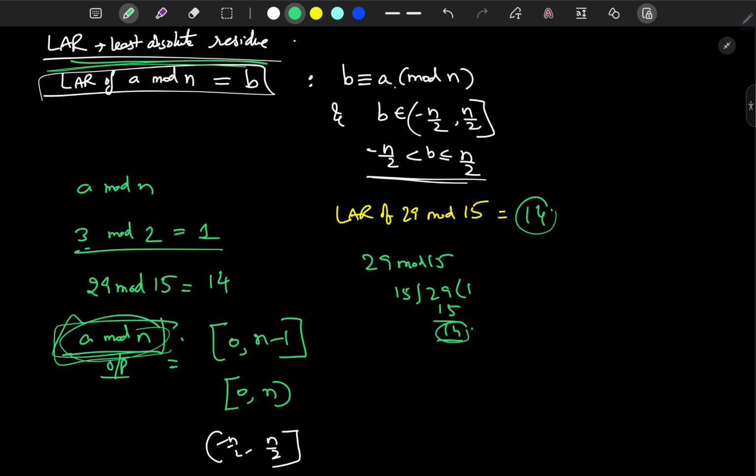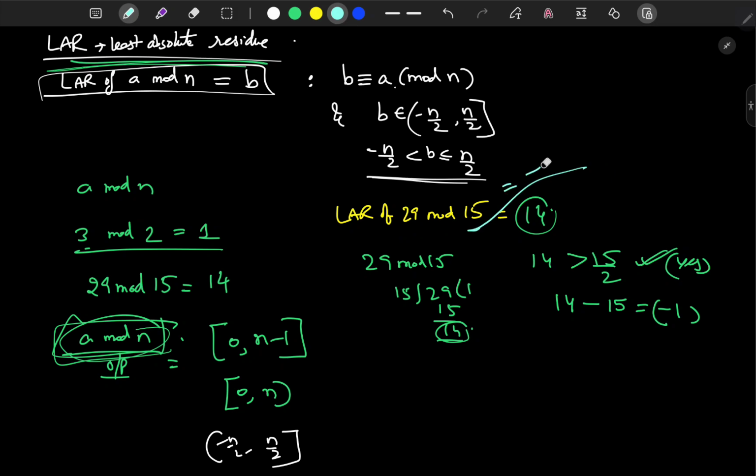Now check whether 14 is greater than 15 by 2 or not. If it is greater, then subtract 15: 14 minus 15, so the value becomes minus 1. Therefore the LAR of 29 mod 15 is equal to minus 1.